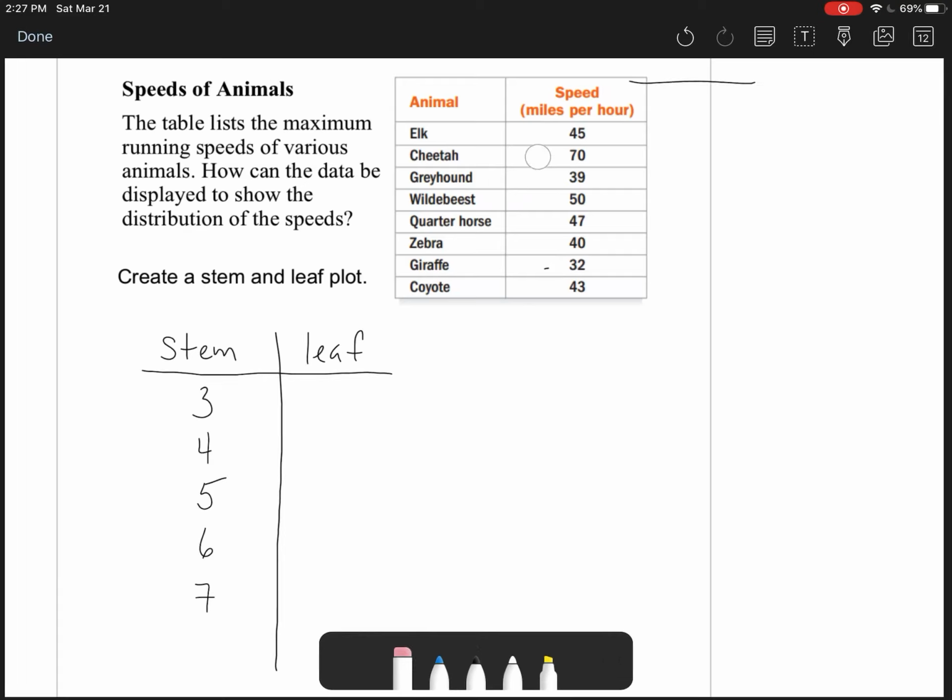All right, so let's take a look at our numbers in the 30s. We have here 32 and 39, so I'm going to put 2, 9.